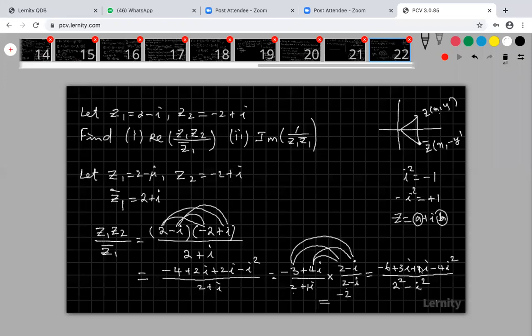Here 3i plus 8i, so it will become 11i. Okay, divided by this is 2 square, 4. My i square is minus 1. So therefore minus of minus 1 will become plus 1. So therefore my denominator is 5, because 4 minus of minus 1 becomes 5.